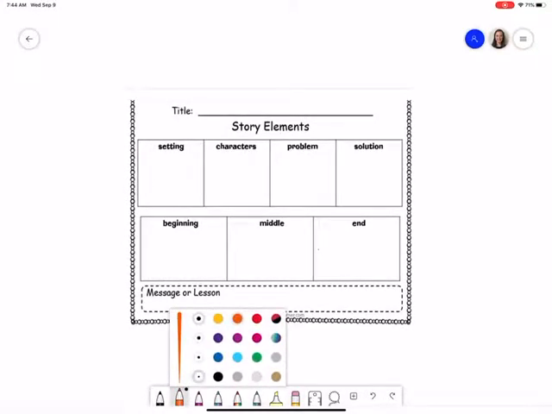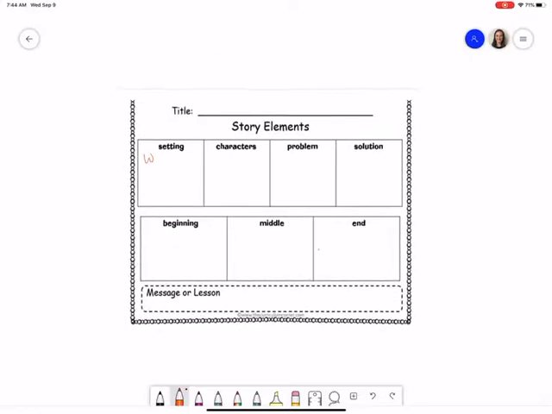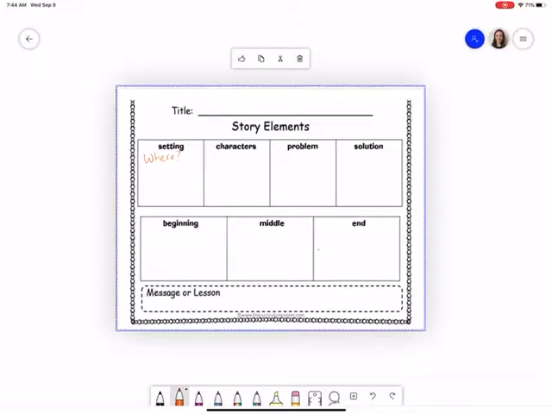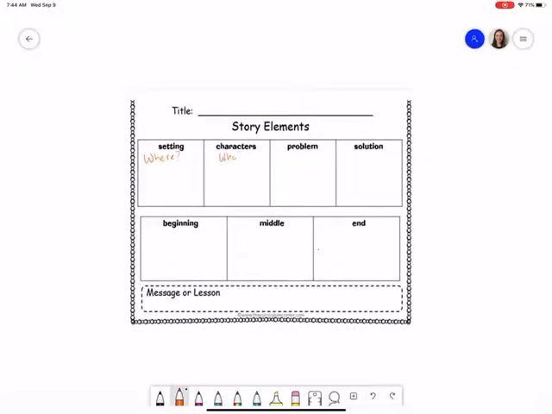A setting is where it takes place. Characters, the who in your story. Problem, what's happening. Solution, how does it get fixed?